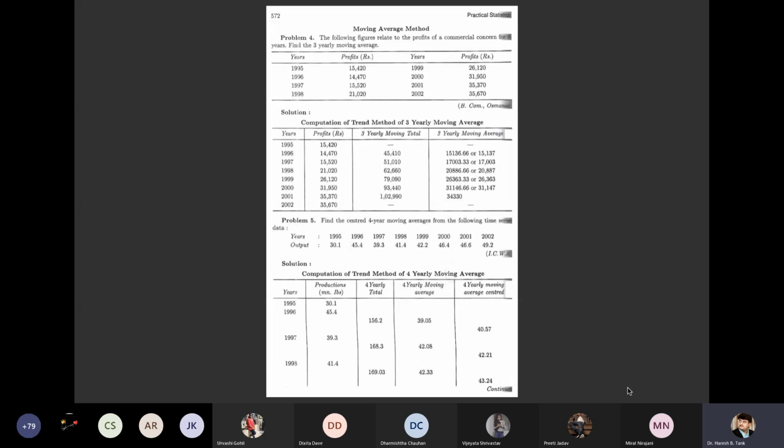Okay. The next example is: find the centered 4-year moving average from the following data set. Years and output are given to you. Since 4 is an even number, here you have to follow a two-step method.